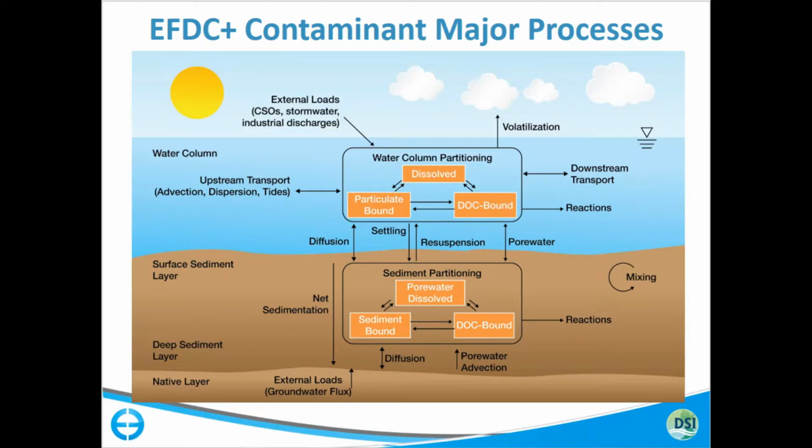Another option is you can have partitioning and then bound to a particulate here that is a fraction of organic carbon. That's also still essentially 2-phase partitioning, but the partitioning coefficient varies with organic carbon.